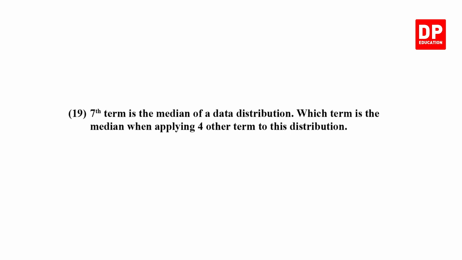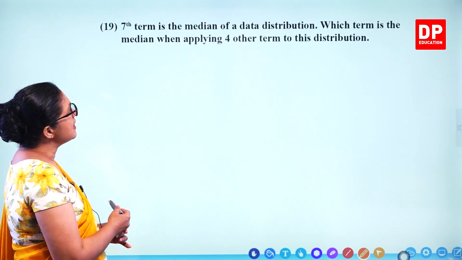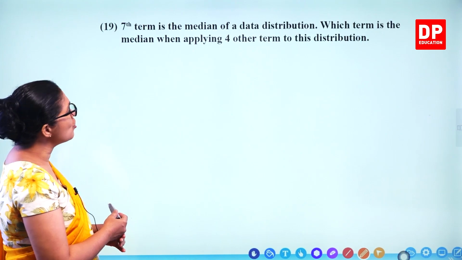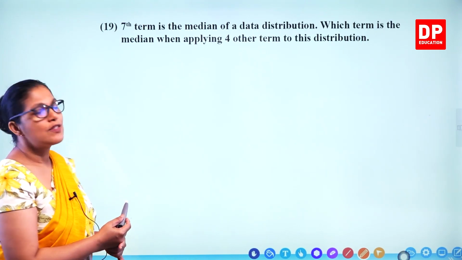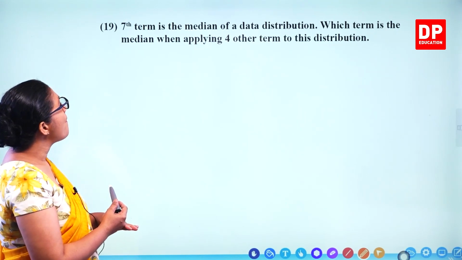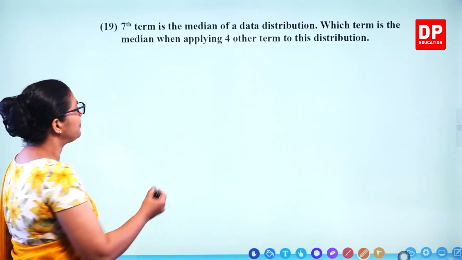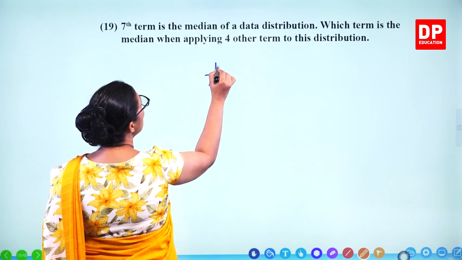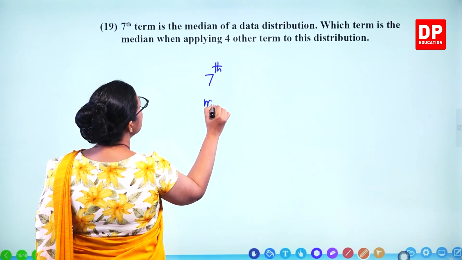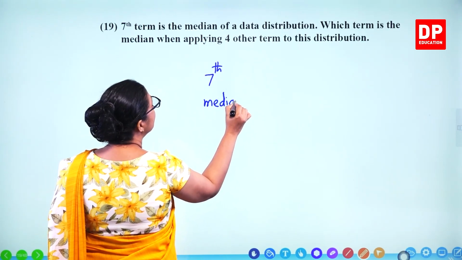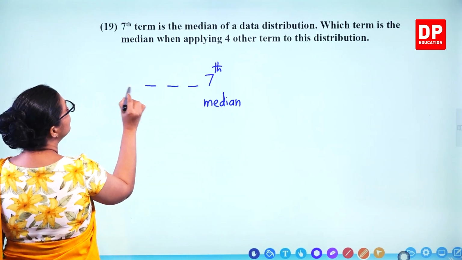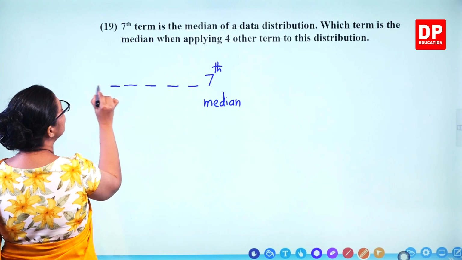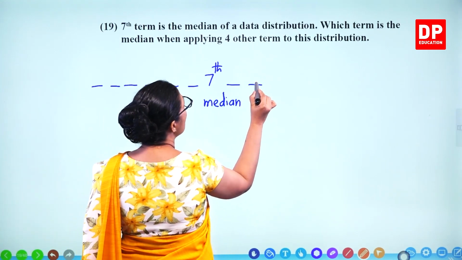Question number 19. The seventh term is the median of the data distribution. Which term is the median after adding 4 other terms to this distribution? Median means the middle term. So the seventh one is the median. So here 6 numbers before and 6 numbers after.